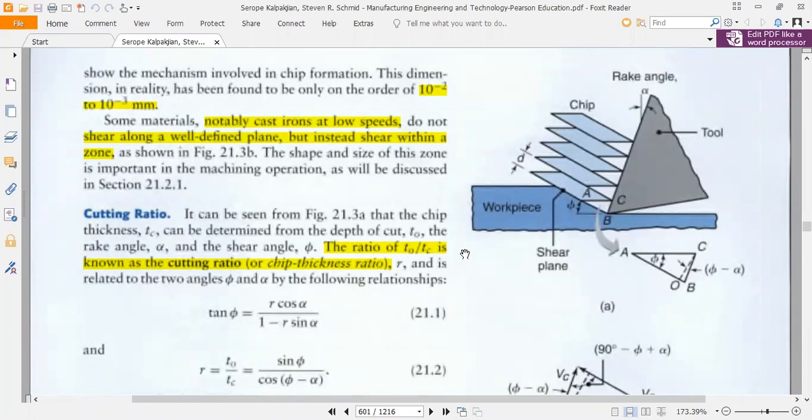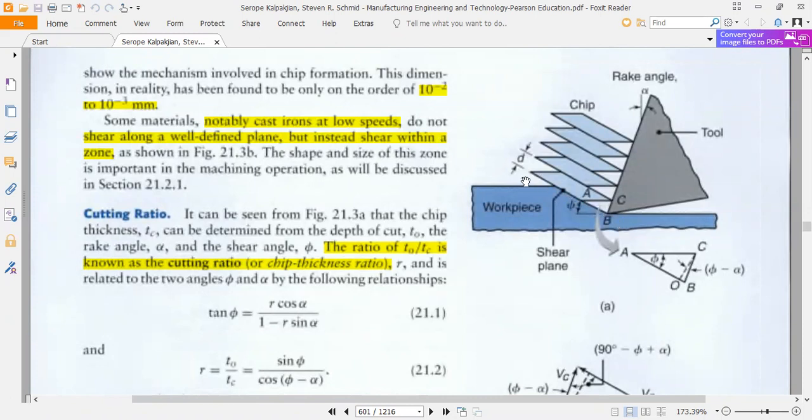Upon microscopic examination, it becomes clear to us that the chip thickness is in the order of 10 raised to the power -2 to 10 raised to the power -3, a very tiny, minute thickness. In most cases, when we machine ductile materials, we get a very straight shear plane.